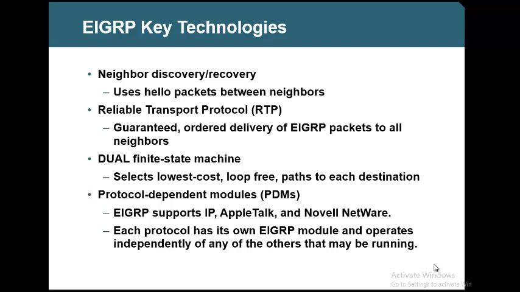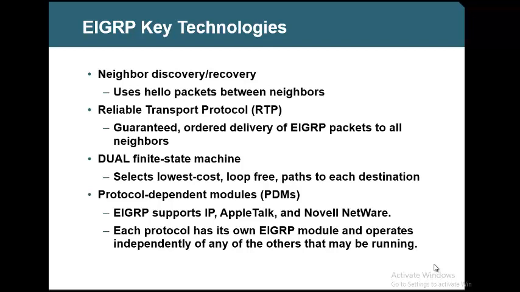The acknowledgement guarantees the delivery of packets. Whereas in EIGRP, there should be something giving that guarantee. That is this RTP, Reliable Transport Protocol.